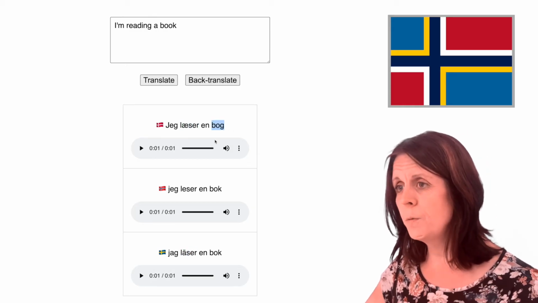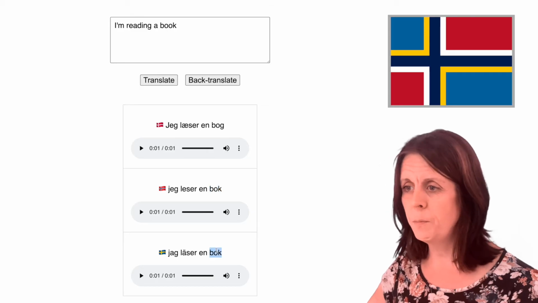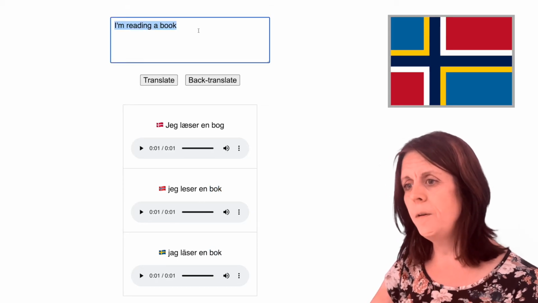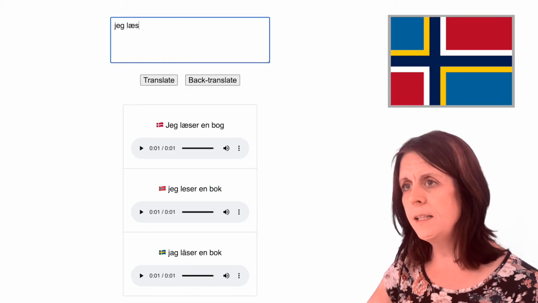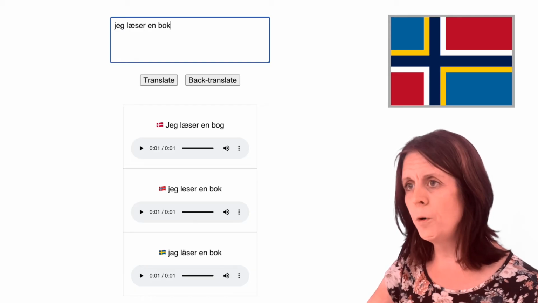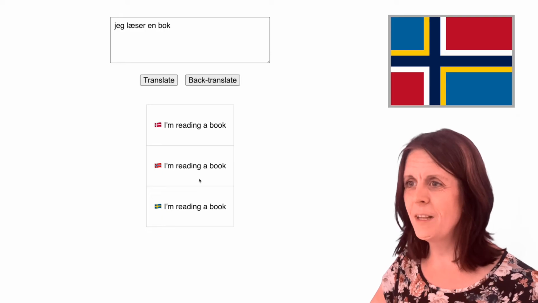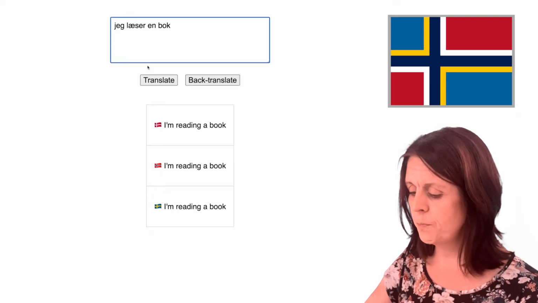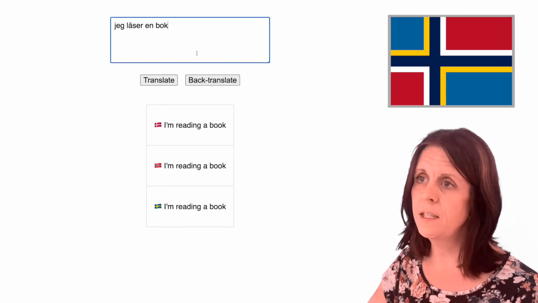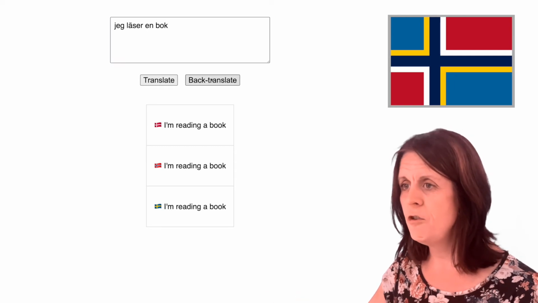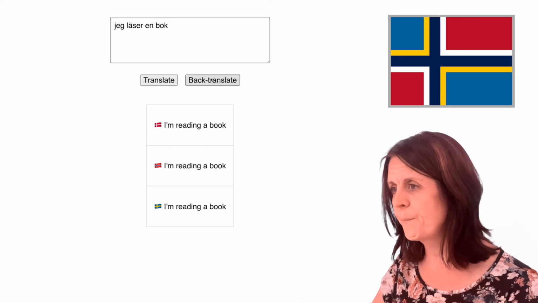Are we going to say bog with a G or book? Yeah, it's going to be book with a K. So jeg læser en book. That's going to be Skandinavisk for I'm reading a book. Yeah, and they all understand it. And just to point out, if you have a Swedish keyboard, you can write it that way. No problem. They all understand it.